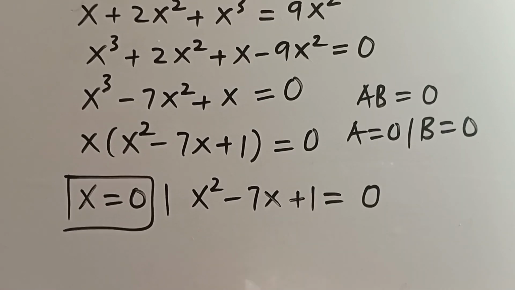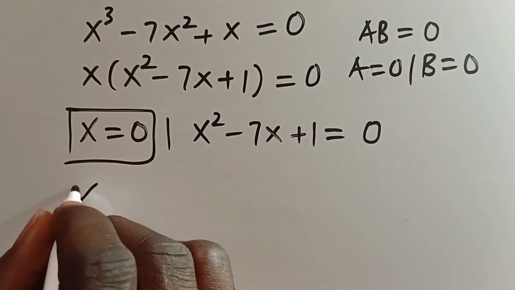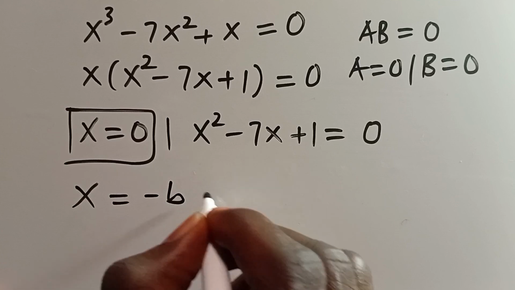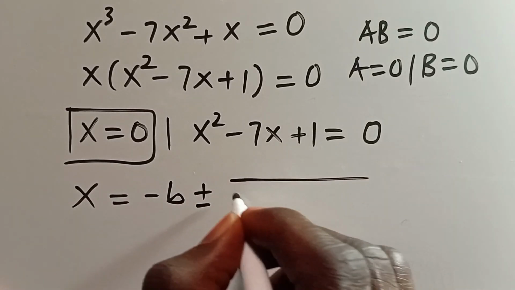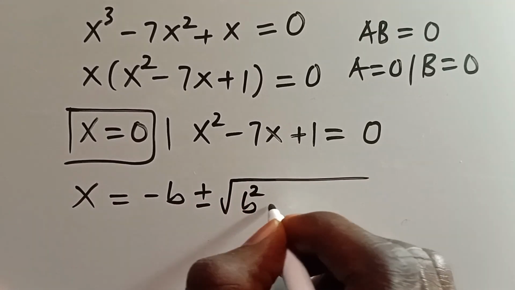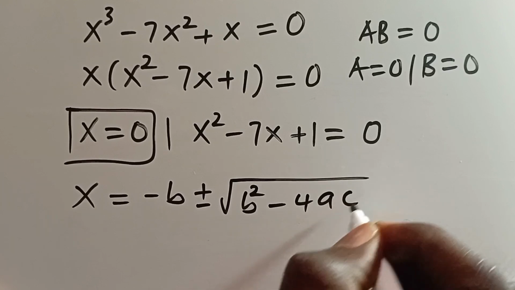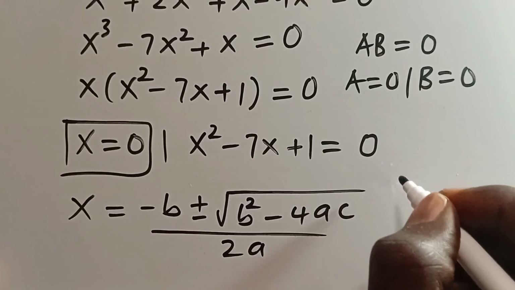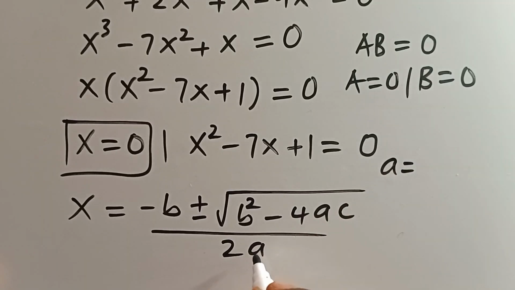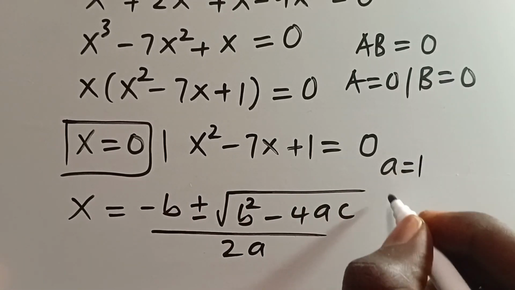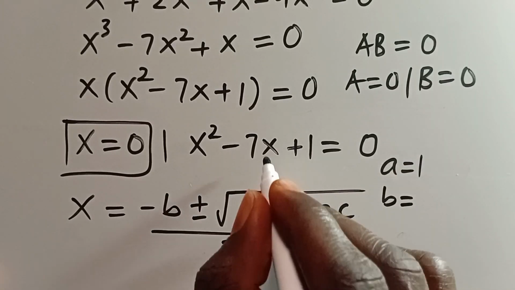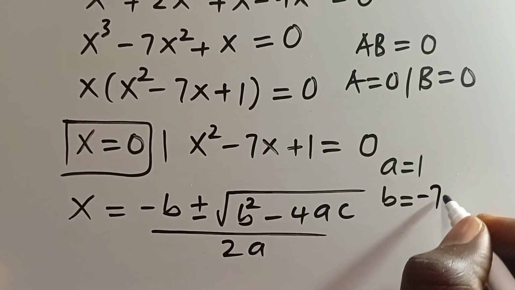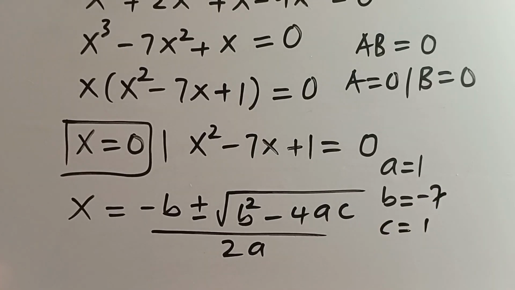And from here as well, let's use the quadratic formula, where x equals minus b, positive or negative, square root of b squared minus 4ac, then divided by 2a. Where the parameter a is the coefficient of x squared, which is 1, the parameter b is the coefficient of x, which is minus 7, and parameter c is 1.